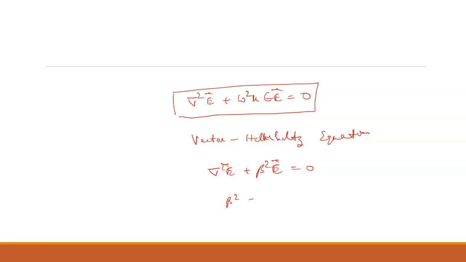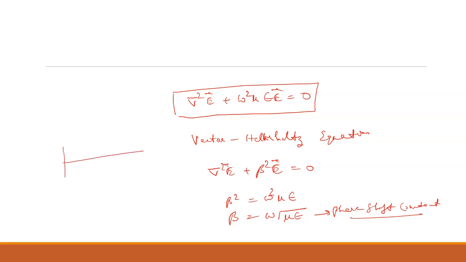Where beta square equals omega square mu epsilon, or beta is equal to omega root of mu epsilon, and it is known as the phase shift constant. As the wave is propagating, the wave is changing phase from 0 to pi by 2 to pi.